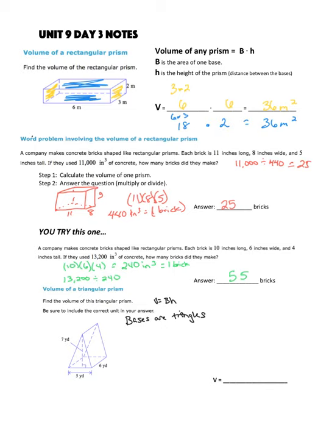Well, here we go. Big B equals 1/2 times 5 times 7, equals 17.5. H is the distance between the two bases, so H equals 6. V equals 17.5 times 6.